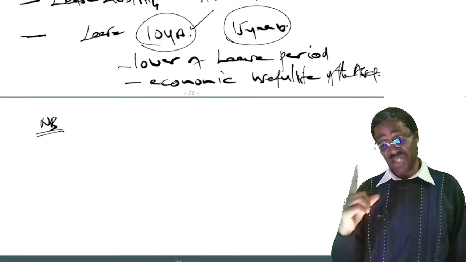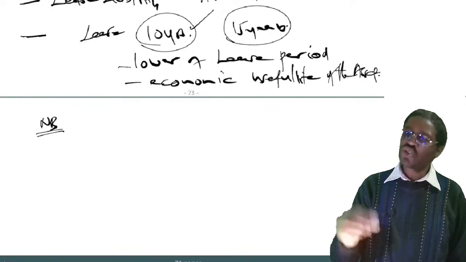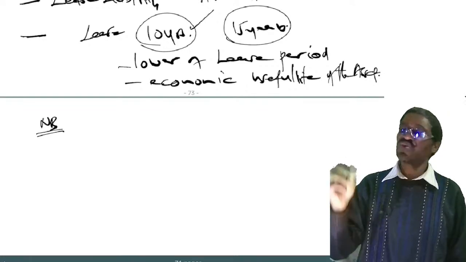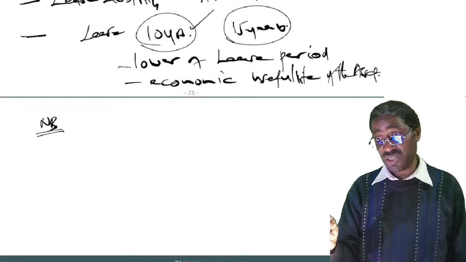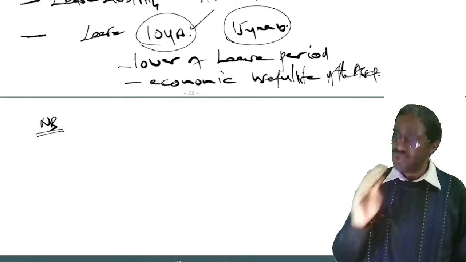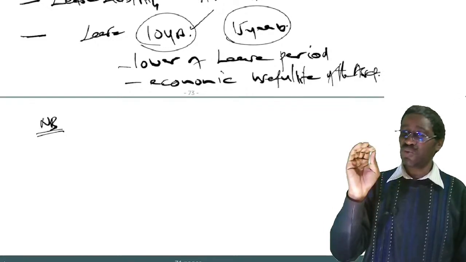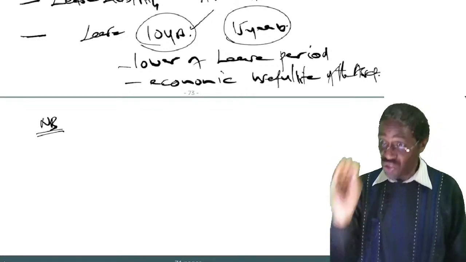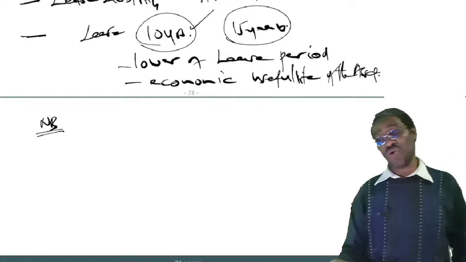Number two, as a lessee, you should have a right to direct how the asset will be used. If those two conditions are met, then the lease is recognized.